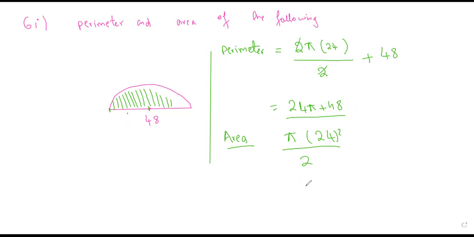You can simplify this and the answer is going to be 288 pi, right? Okay. So this is how we find perimeter and area. Now, this was the most easy example. Now that is it for the circles.